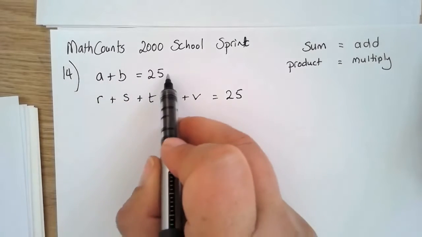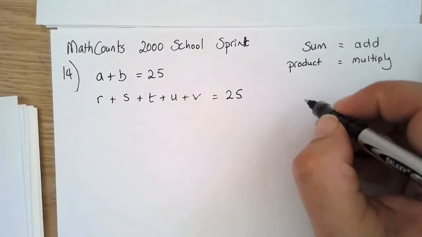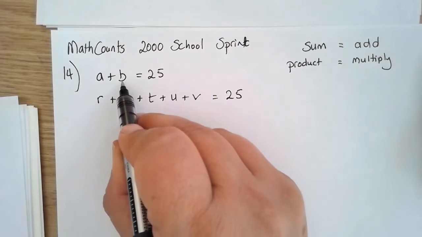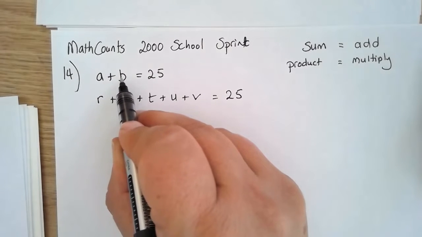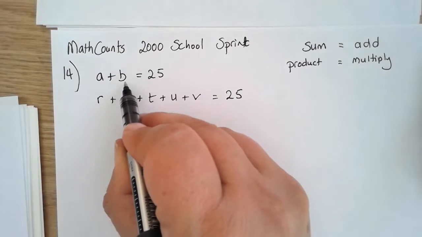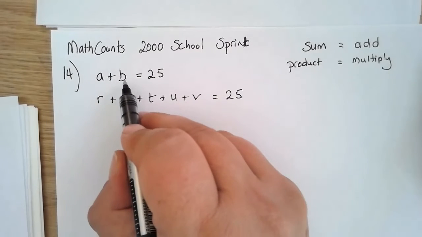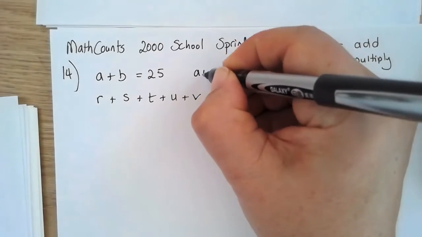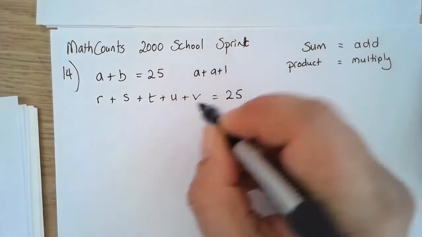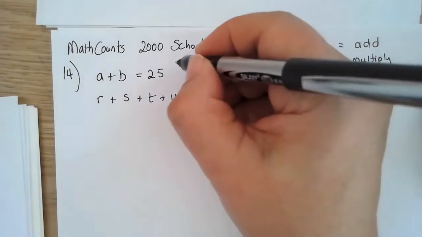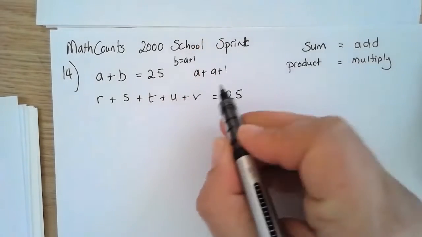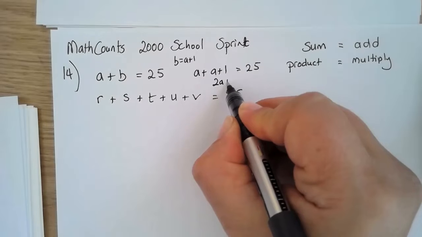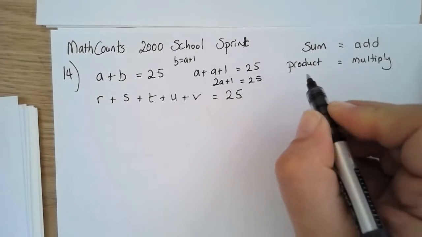I can find A pretty quickly. If I've got a number here and a number here, and this number is 1 more, they're consecutive. So this will be A plus 1, because B will be A plus 1. We know A plus A plus 1 equals 25, which is 2A plus 1 equals 25.